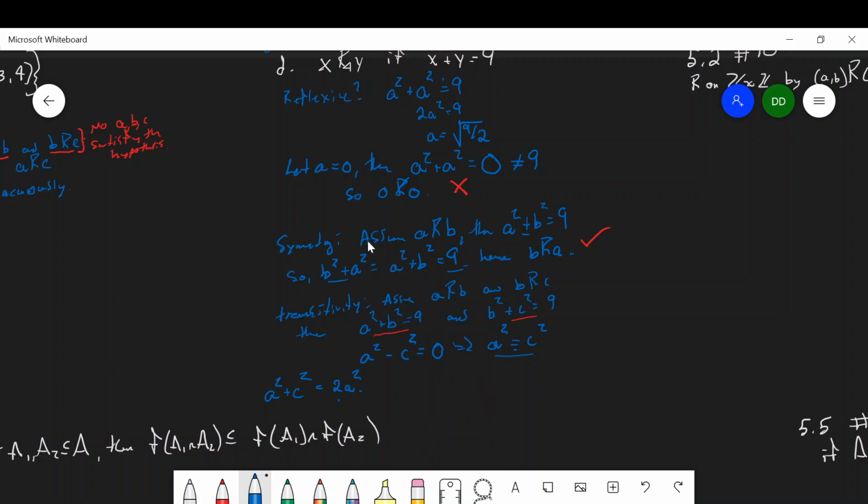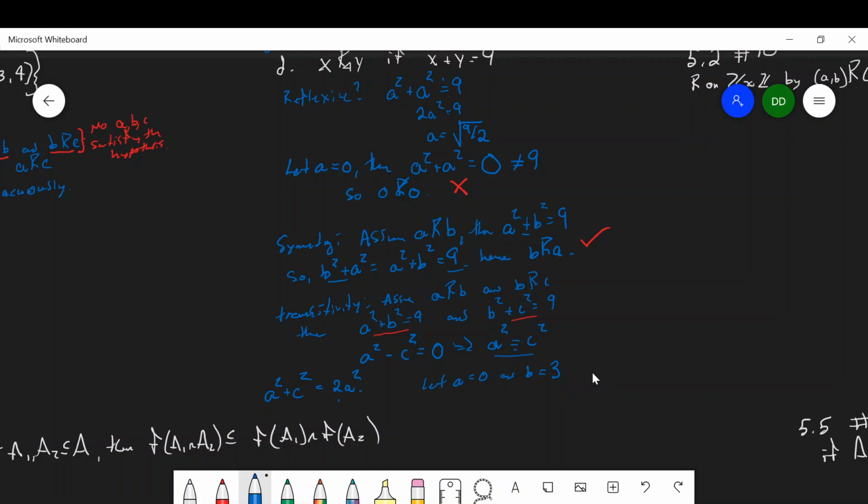Okay, so what are just examples of two things that are related? I know if I let a be, say, 3 and b be 0, that's an easy way to find two things that are related. So I'll say here, let a equal 0 and b equal 3. Okay, so since 0 is related to 3, I would also know that 3 is related to 0.